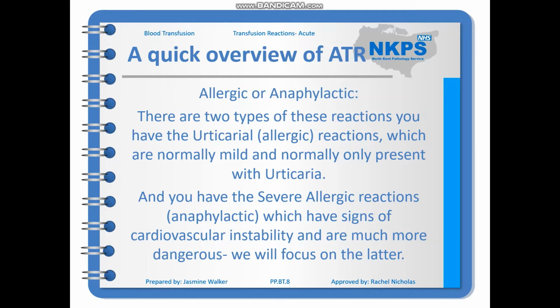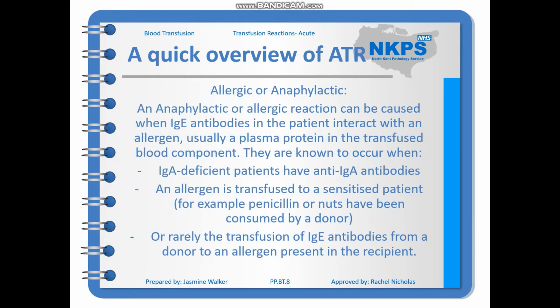And then you have severe allergic reactions, or the anaphylactic reactions, which have signs of cardiovascular instability and are much more dangerous. And we're going to focus more on the severe form because there's more to talk about. With either of these, though, normally caused when IgE antibodies in the patient interact with an allergen, usually a plasma protein in the transfused blood component.